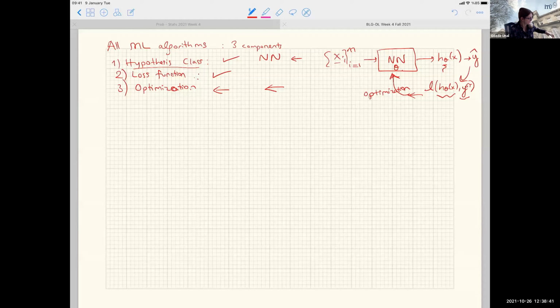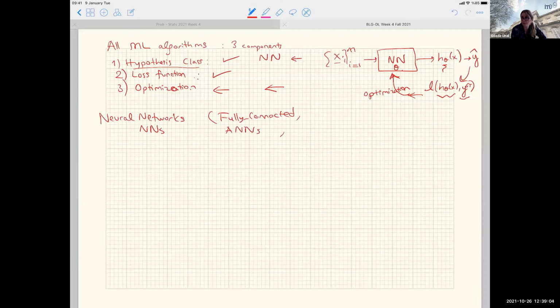Okay, so let's continue with this nonlinear hypothesis class, neural networks, guys. We said these neural networks currently we are working on are also called fully connected or artificial neural networks, ANNs.